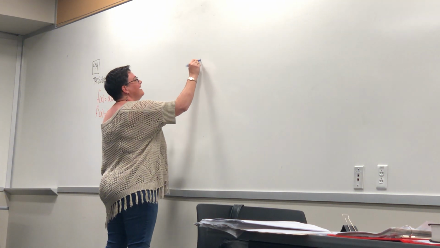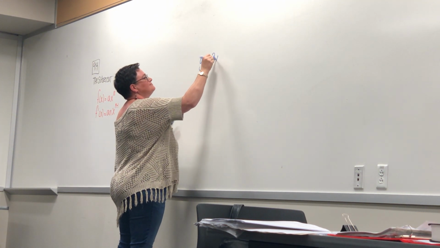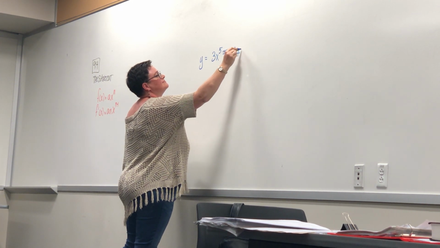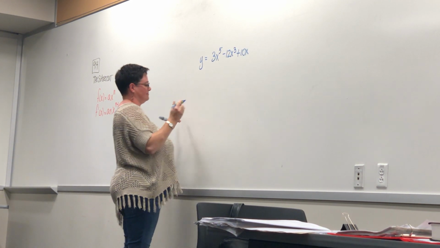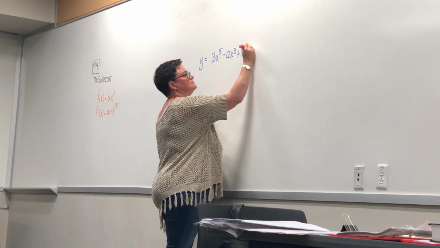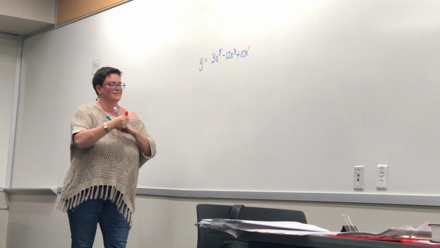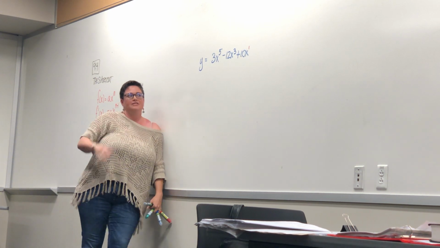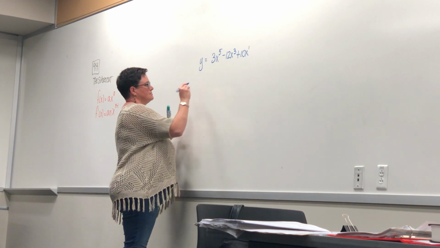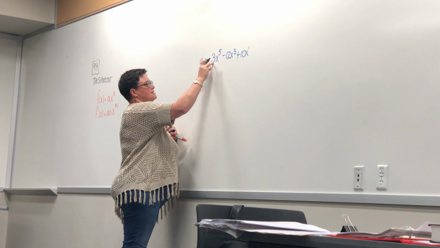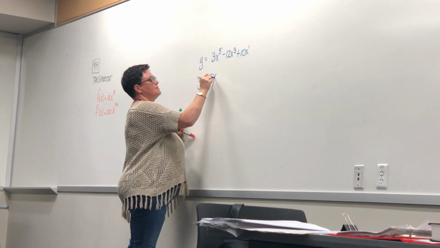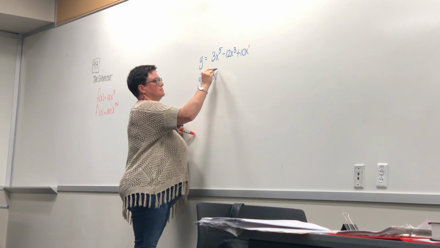So let's look at this. There's a little hidden something going on right now. Let's use our knowledge of the shortcut and tell me what the derivative is going to be, guys. What's 5 times 3? 15. 5 minus 1 is 4.